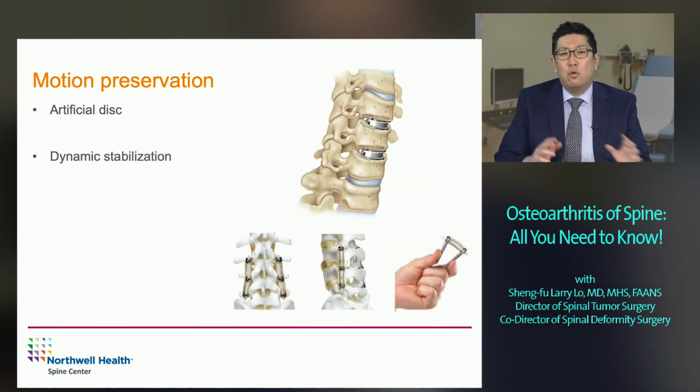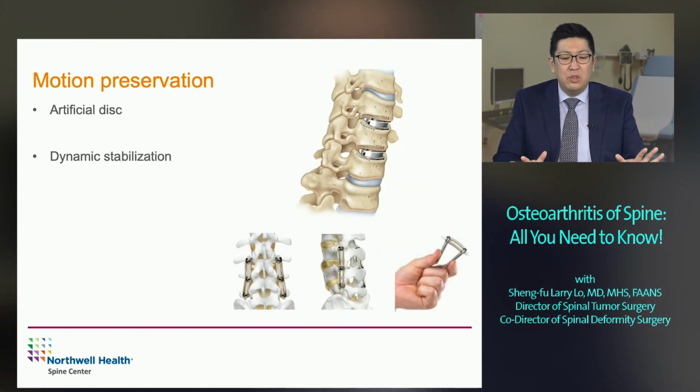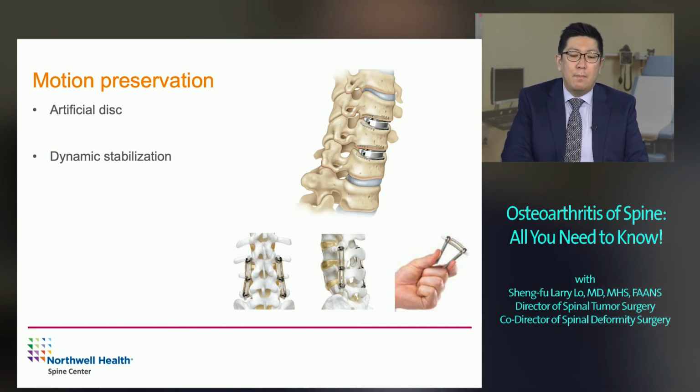And finally, this fourth category is a little bit more unique, where there are ways that we can do the decompression while preserving the motion. And basically, we're talking about artificial discs. So this top right-hand panel is a patient that has received 2 artificial discs in the cervical spine.